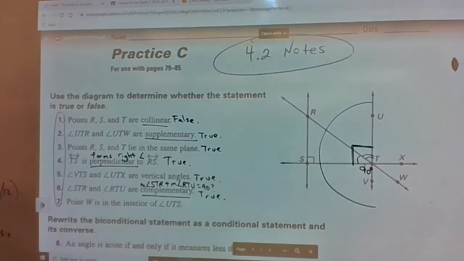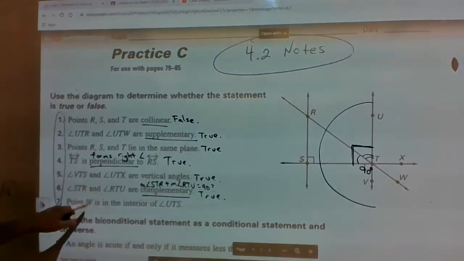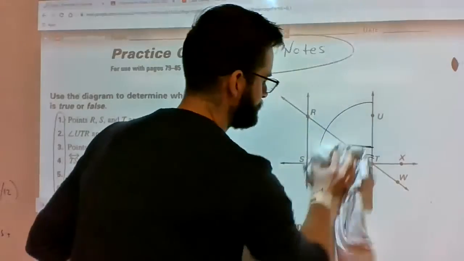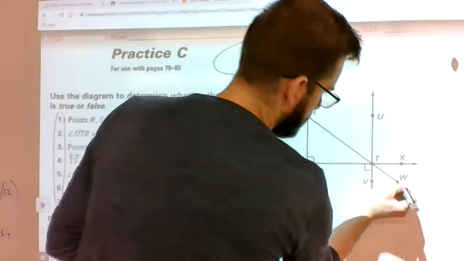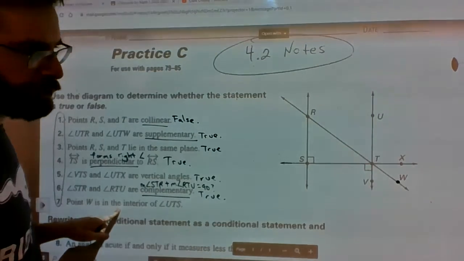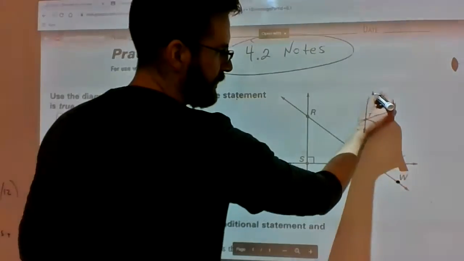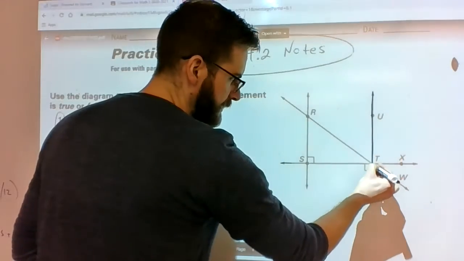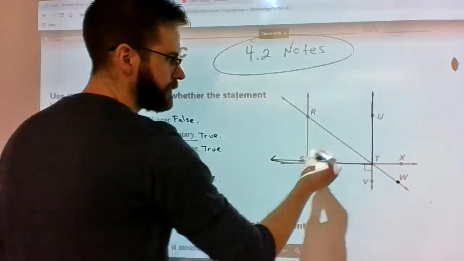All right, number 7. Point W is right here. Is in the interior of UTS. So here's UTS.